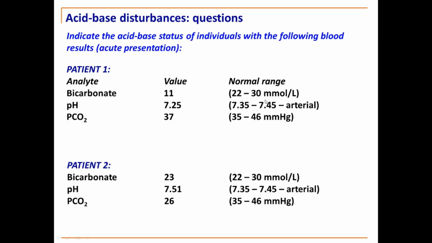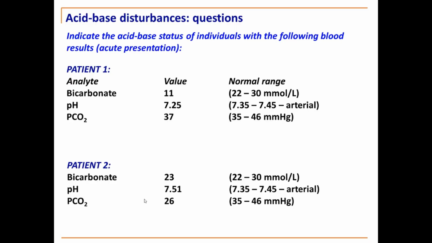So all I want you to tell me is: is it a metabolic acidosis, a metabolic alkalosis, a respiratory acidosis, a respiratory alkalosis? Well, one of the 4 anyway. And what are some of the more common causes that you can think of for that particular condition? And then have a look at patient 2. So press pause initially, do the first one, and then we'll go through that, and then hopefully you'll understand it if you don't already, and we can do patient 2. So press pause.